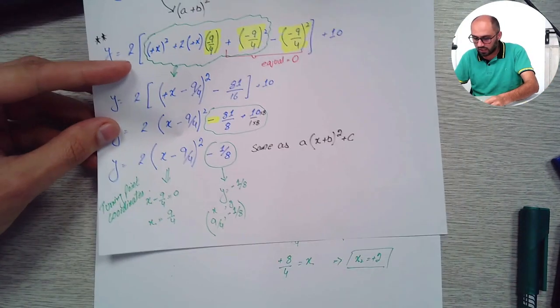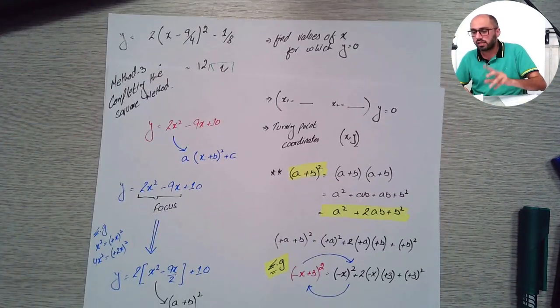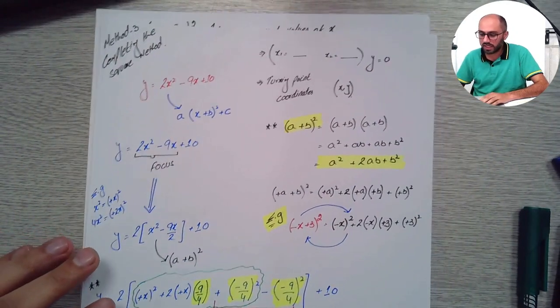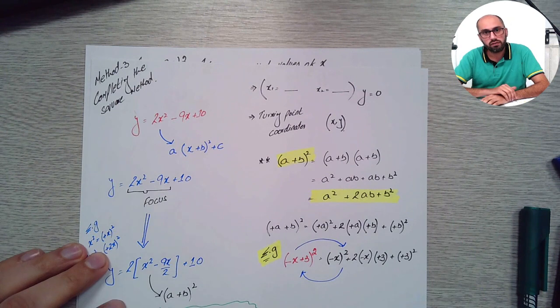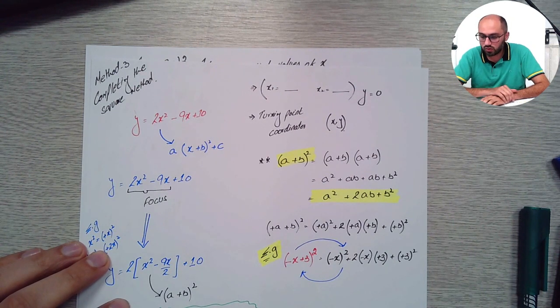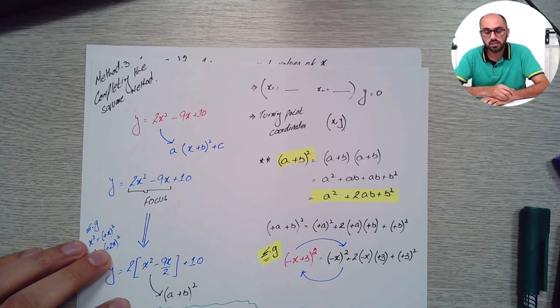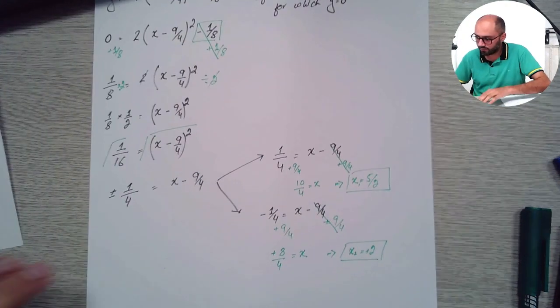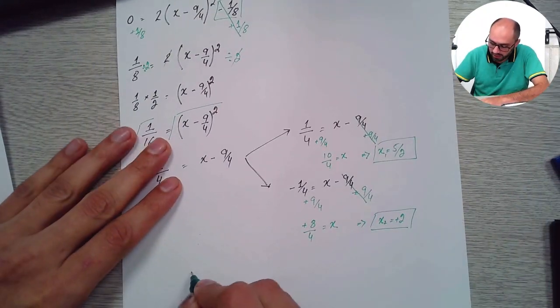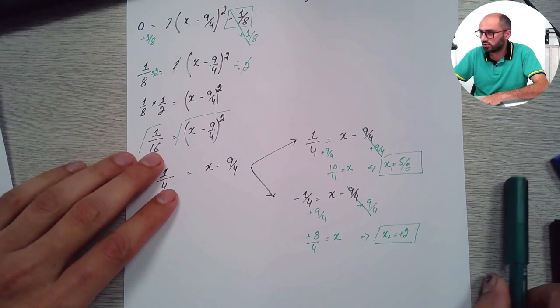But when you use the completing the square method, you'll have additional information. In addition to the values of x for which y equals 0, you will also get a coordinate for the turning point.